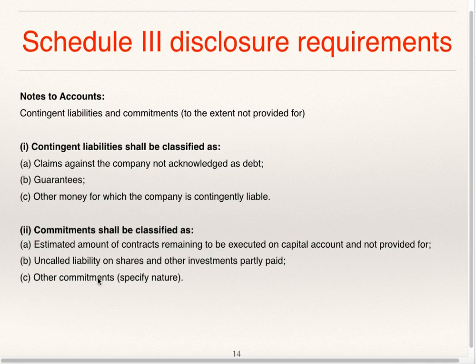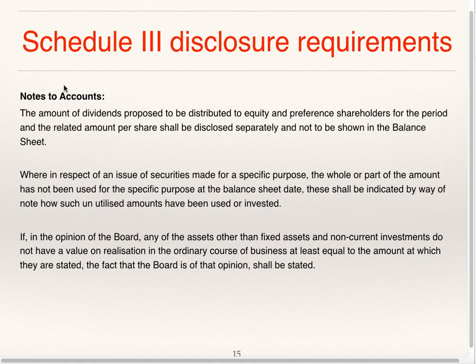Contingent liability is not a real liability; it may arise or may not arise on the happening of a certain specific future event. It is to be disclosed by way of note and not to be considered as a real liability. Now again, notes to accounts disclosure requirements. What notes are you supposed to disclose?